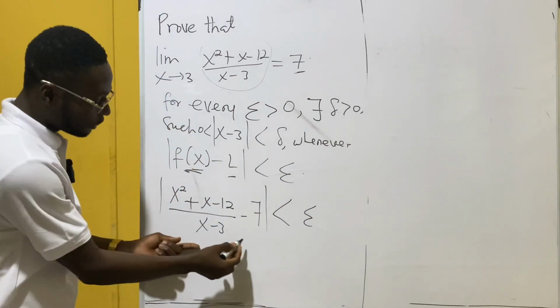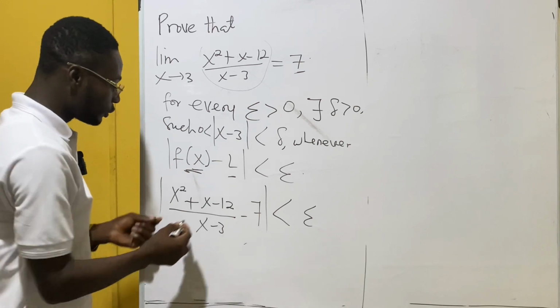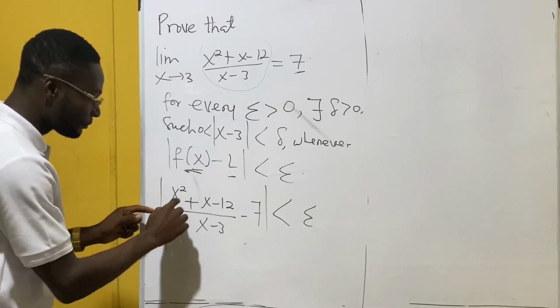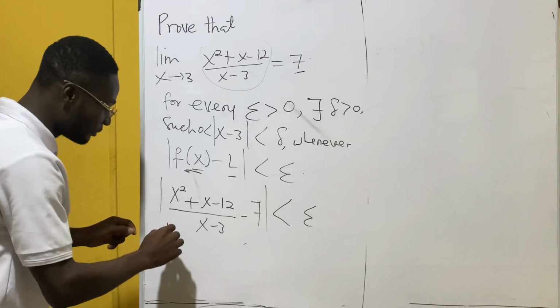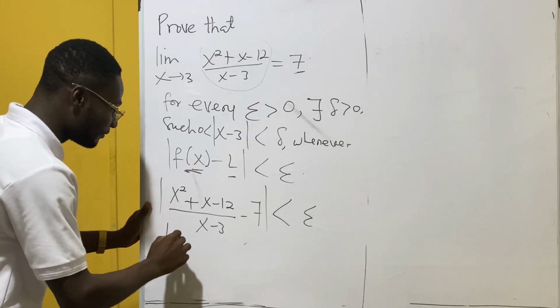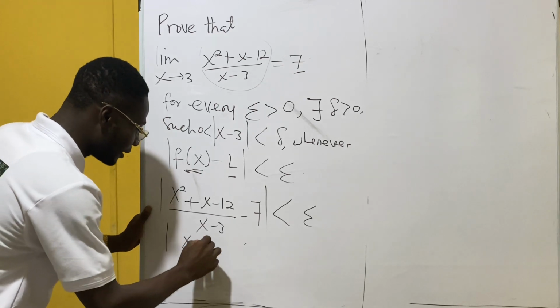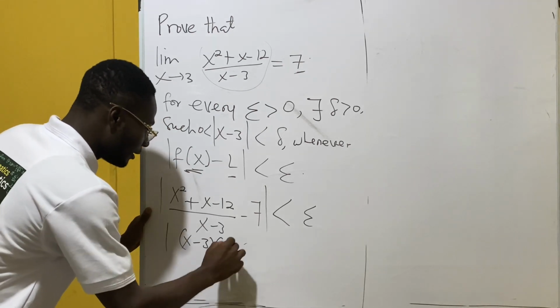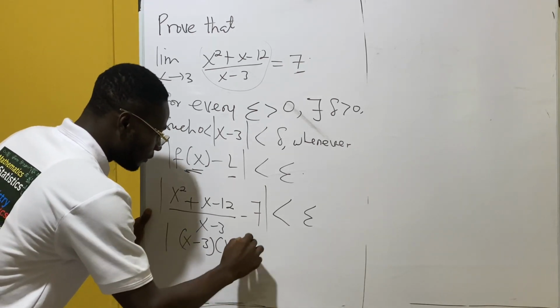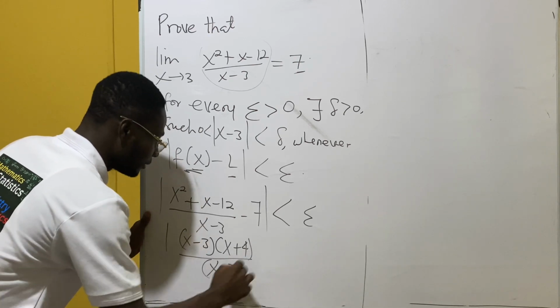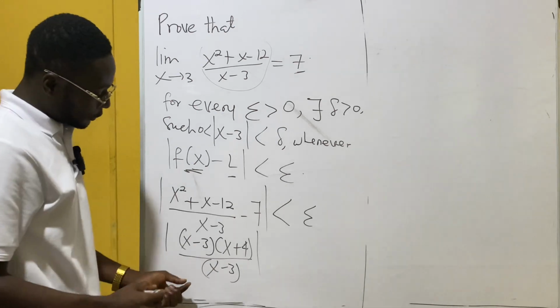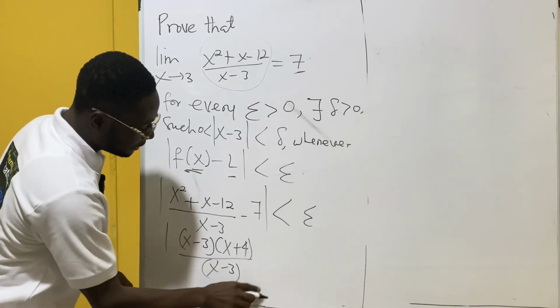So we consider this. We have to make sure that this is factored out. When we factor that, we are going to have (x minus 3)(x plus 4), all over (x minus 3), minus 7.